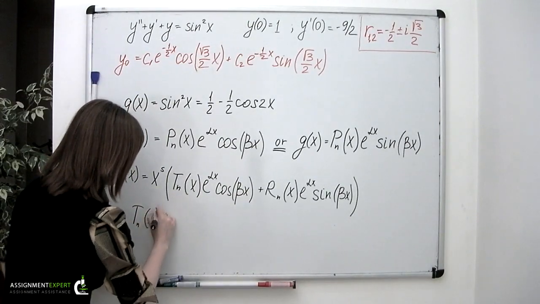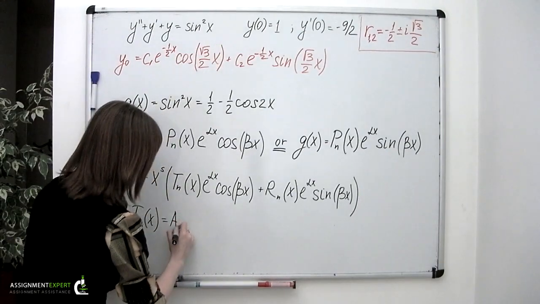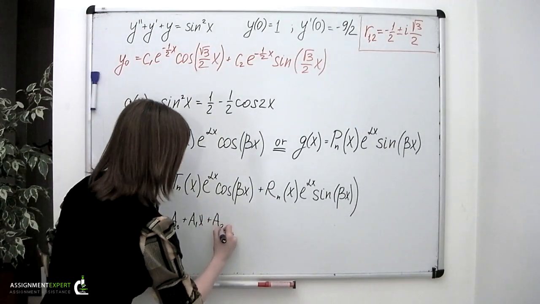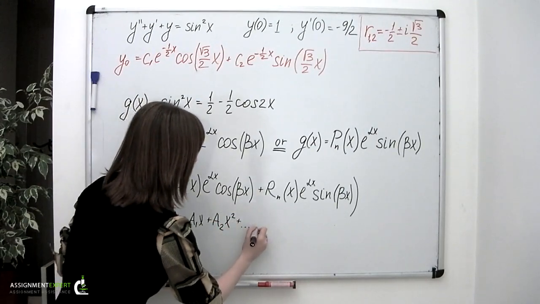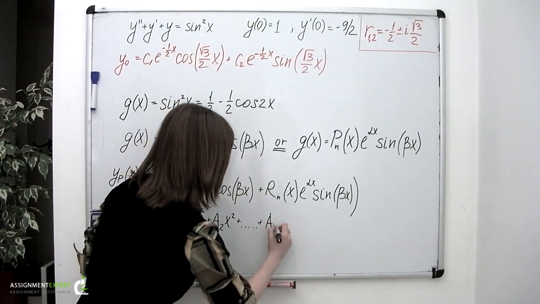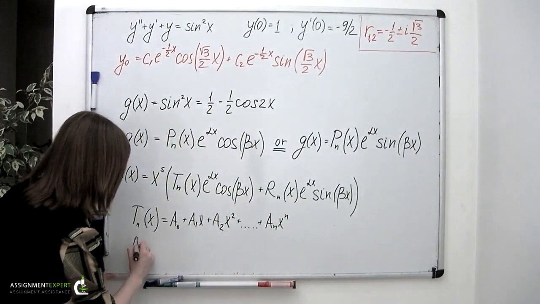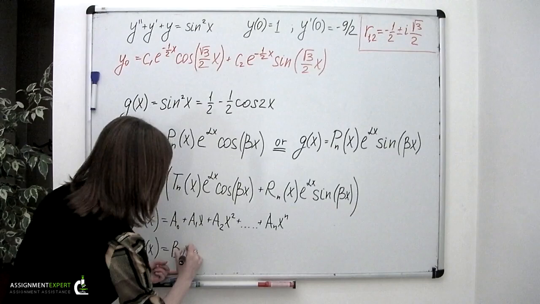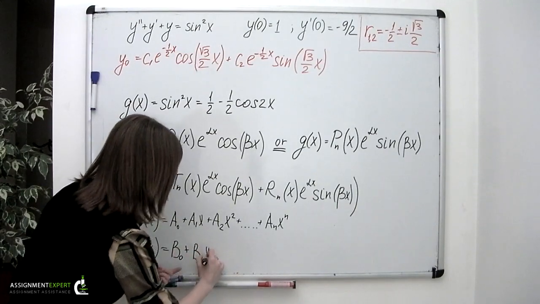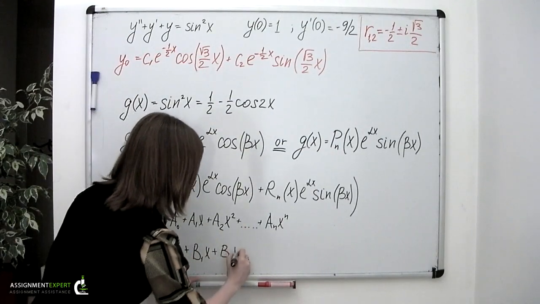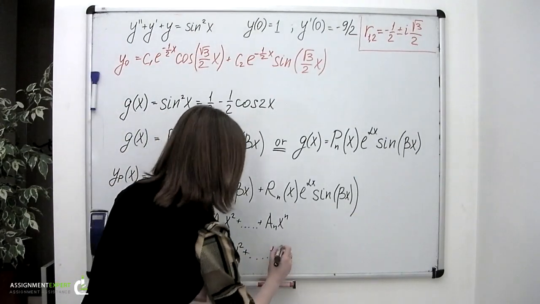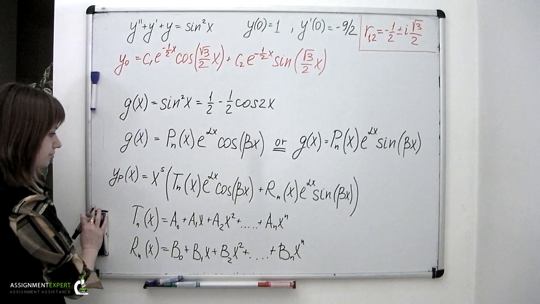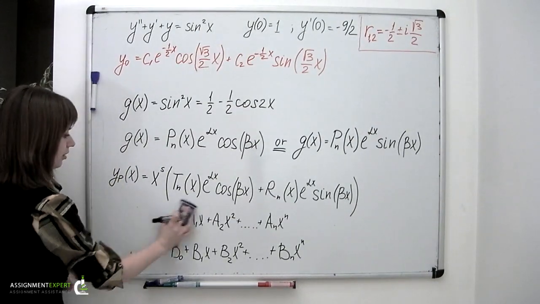T sub n of x can be expanded as a sub 0 plus a sub 1 times x to the first plus a sub 2 times x to the second plus ... plus a sub n times x to the nth, and r sub n of x is expanded as b sub 0 plus b sub 1 times x to the first plus b sub 2 times x to the second, plus ... plus b sub n times x to the nth.